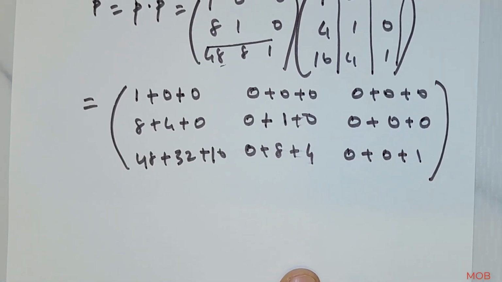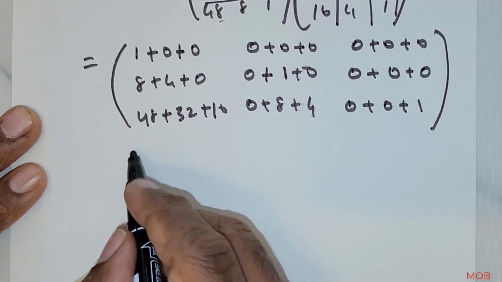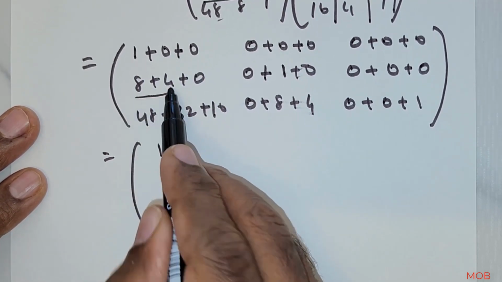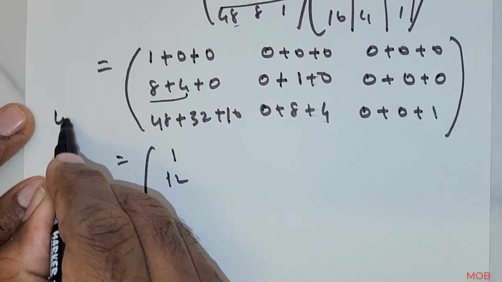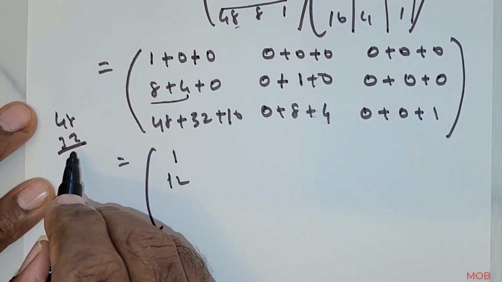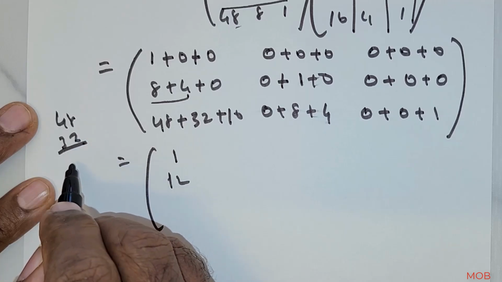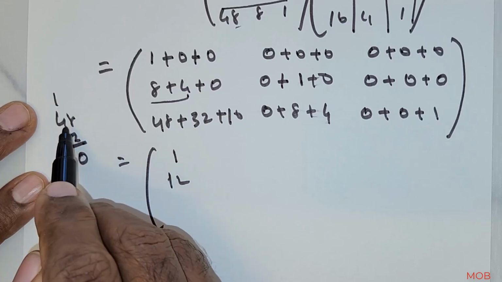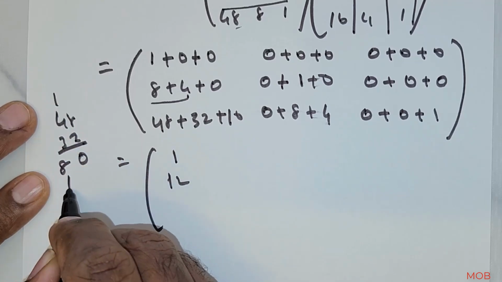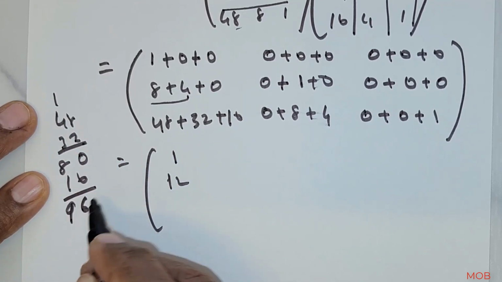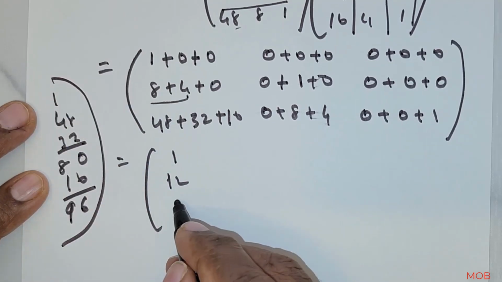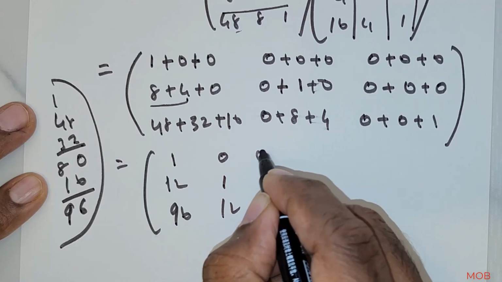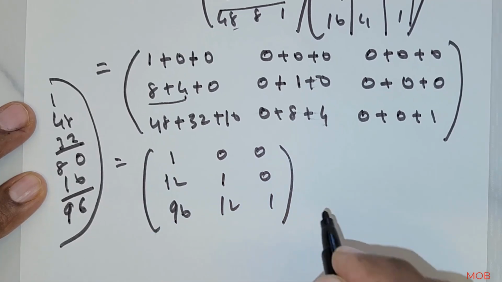Okay, so that is how you multiply in matrix multiplication. So this is going to give me 1 added with all this 1. This is 12, this is 48 and 32. What is that? 8 and 2 is 10, you carry 1, 7, 8 and then you have 16. So this is going to give me 96. Okay, so this is 0 here, 1 here, 12, 0, 0 and 1.